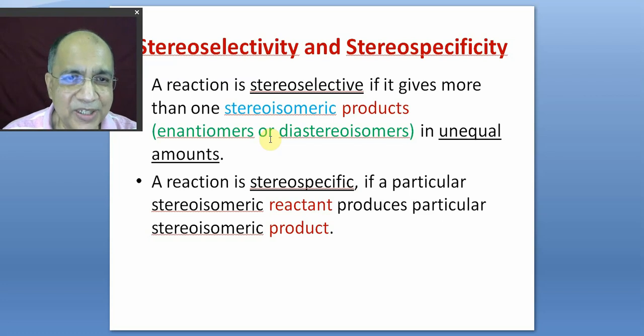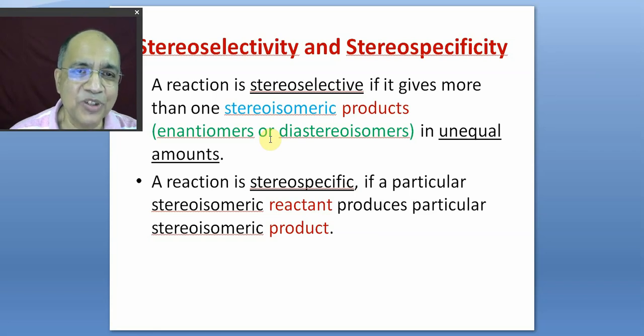When stereoselectivity is 100%, we often use the term stereospecific, but it's not according to the accepted definition of a stereospecific reaction. And some authors, some instructors, use the term stereoselective reaction or stereoselective process even if it is a stereospecific reaction.